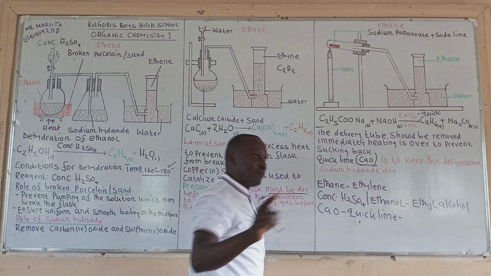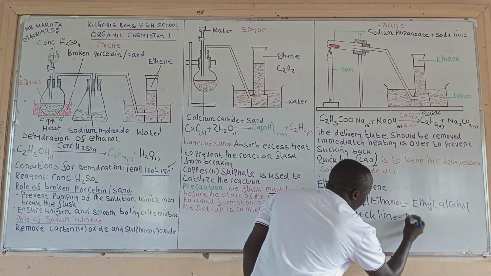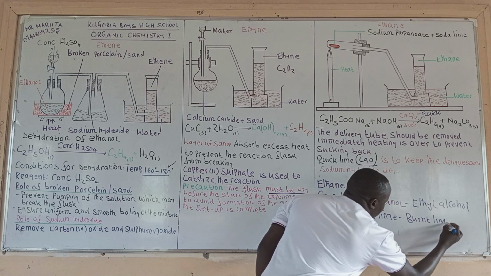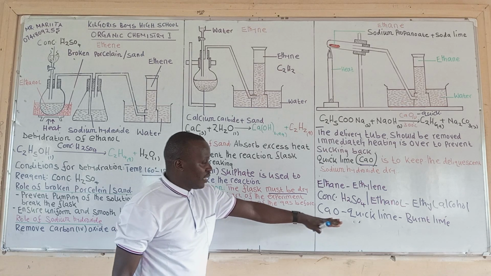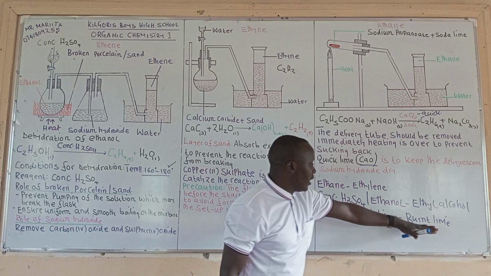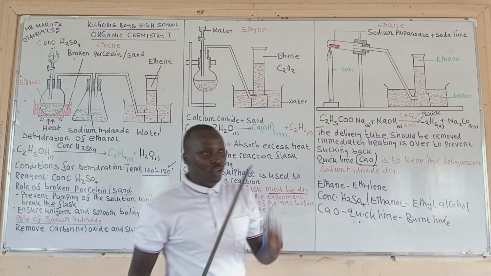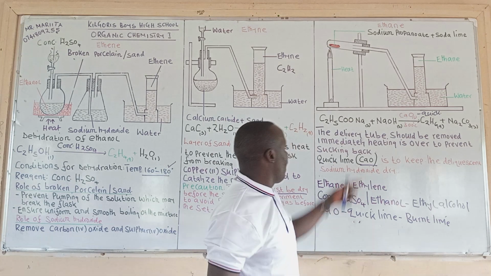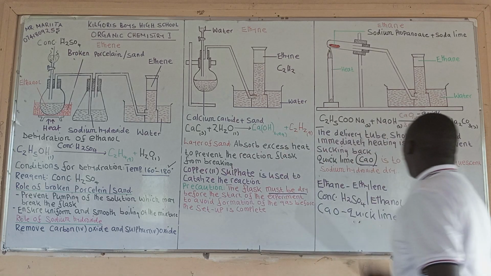So if you get those words, we have calcium oxide, which can also be called quicklime, and soda lime is calcium hydroxide. So you understand the purpose of the calcium oxide in this experiment, and the purpose of the calcium hydroxide.